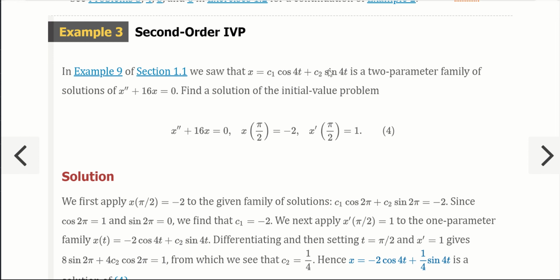And they tell us up front that this expression, x equals c1 cosine 4t plus c2 sine 4t, is a two-parameter family of solutions to this differential equation. Let's see if we can find the solution to the initial value problem such that x of pi over 2 is equal to negative 2 and x prime of pi over 2 is equal to 1.